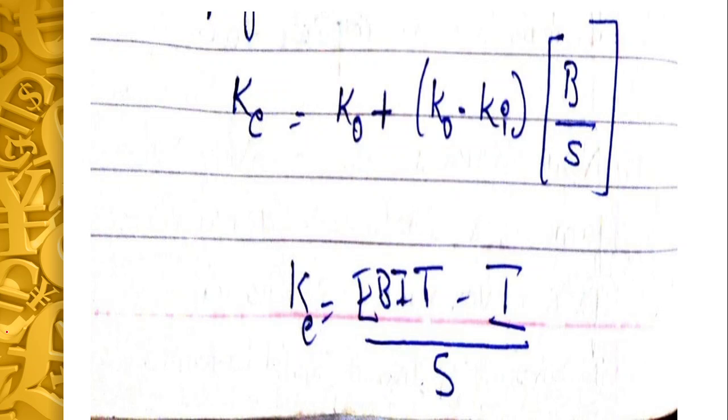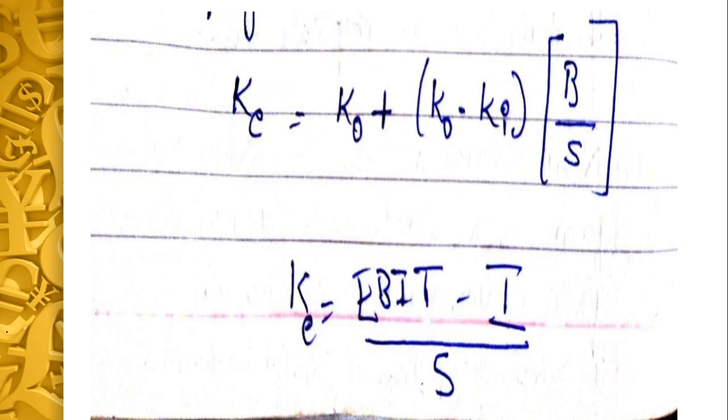Now Ke represents cost of equity or equity capitalization rate. K0 represents overall cost of capital. Whenever we say overall cost of capital, it does include both the cost of debt and cost of equity.